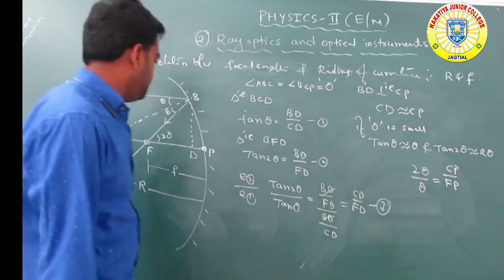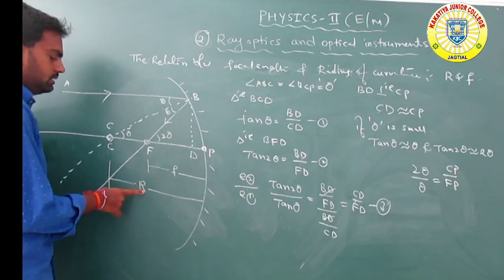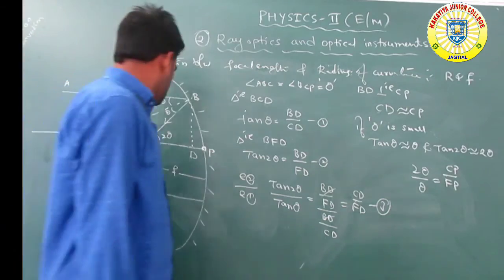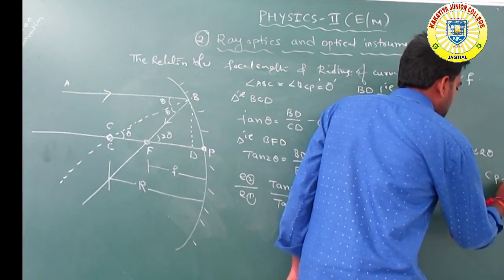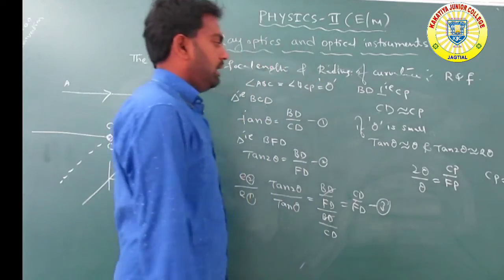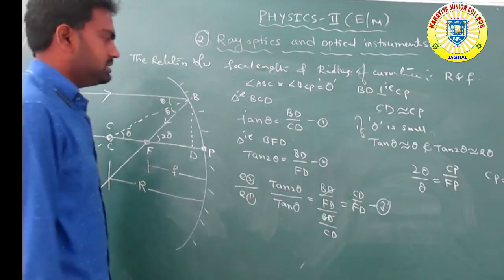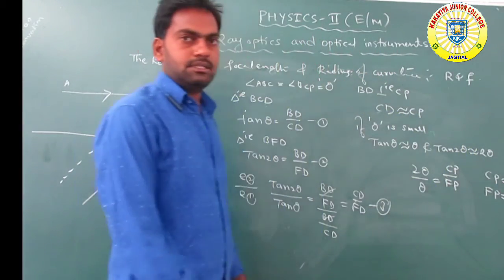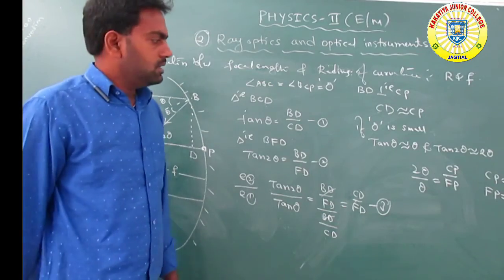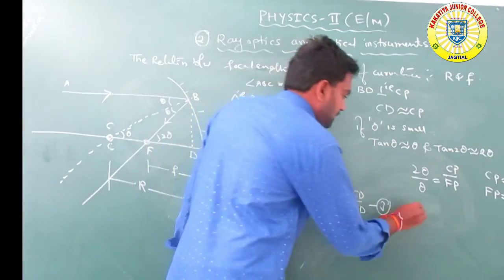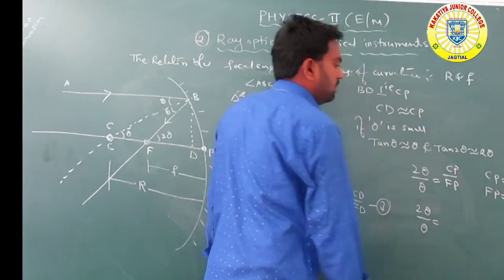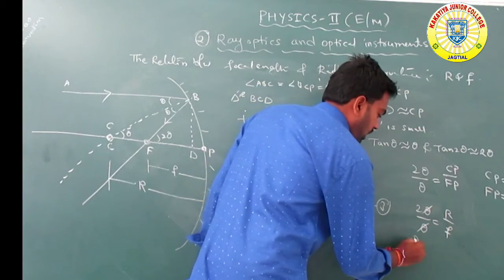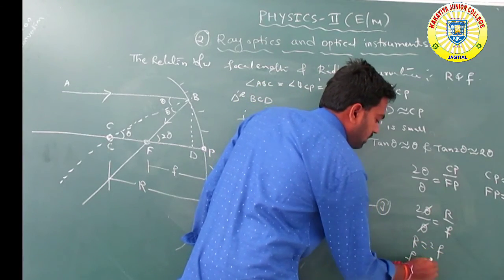CP is the length that is called the radius of curvature. So CP is equal to R, the radius of curvature, and FP is equal to the focal length F. Substituting in the equation, 2 theta by theta is equal to R by F. Theta cancels, so R is equal to 2F, or F is equal to R by 2.